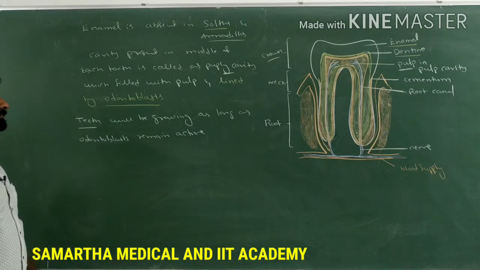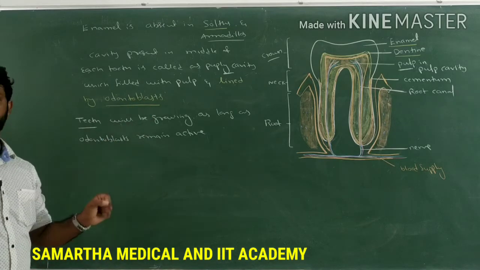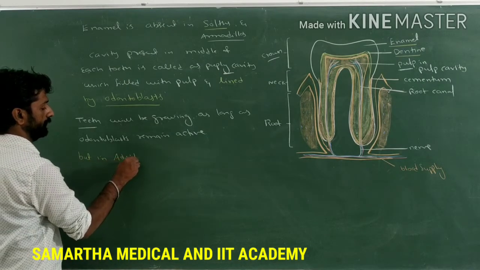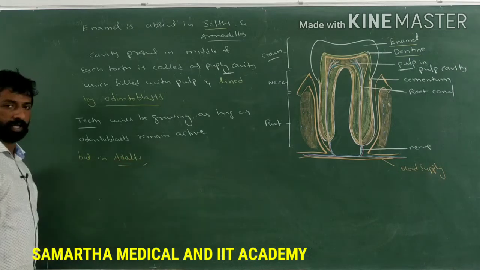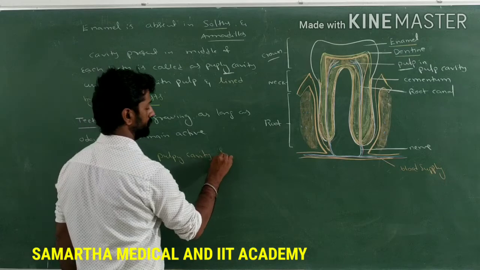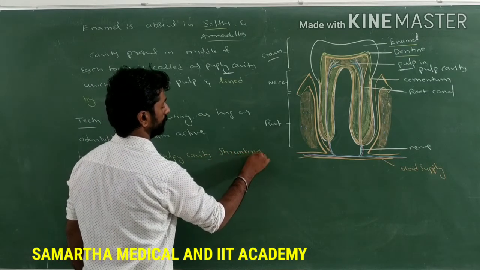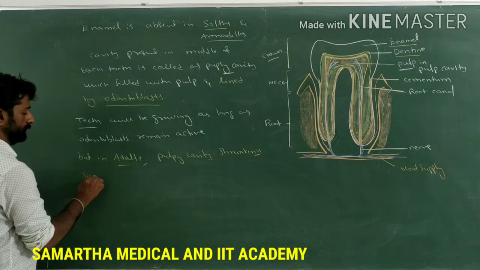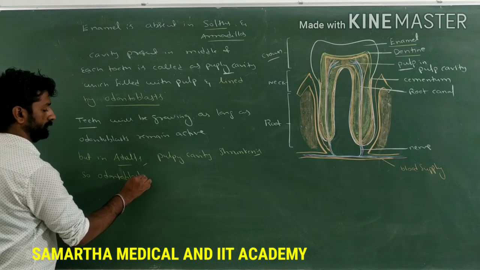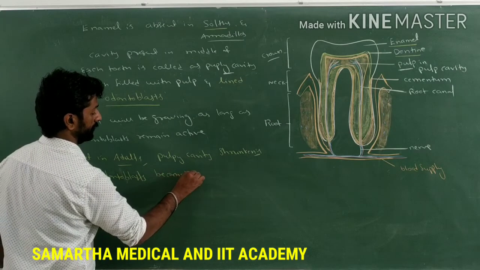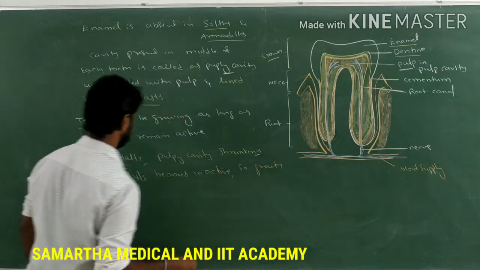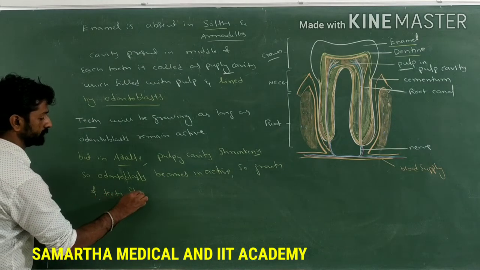As a result, odontoblasts become inactive and the growth of teeth stops. So growth of teeth stops in adults.